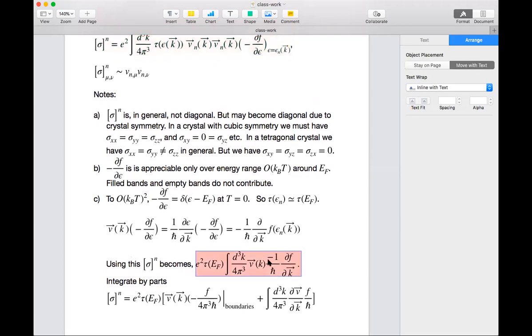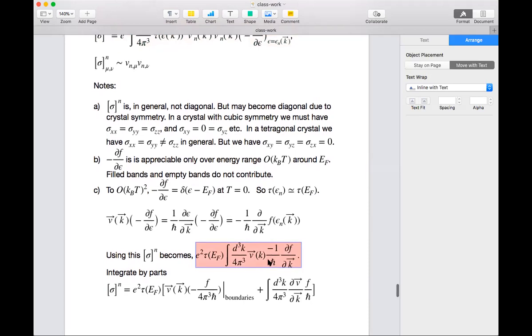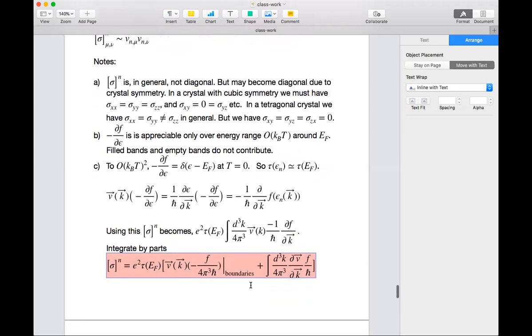Now this k integral can be performed. It's a simple integration by parts. So suppose v is the first function and this is the second function. Then this will be one term and that will be the other term.